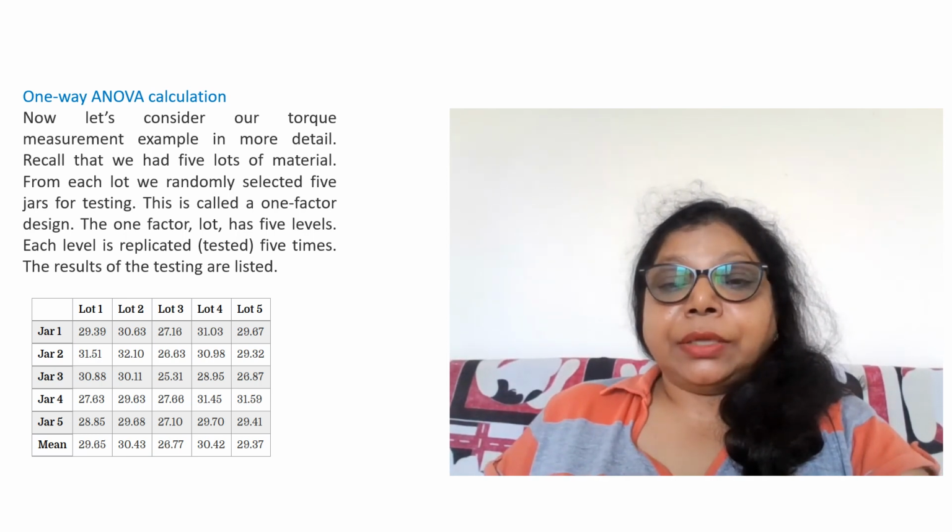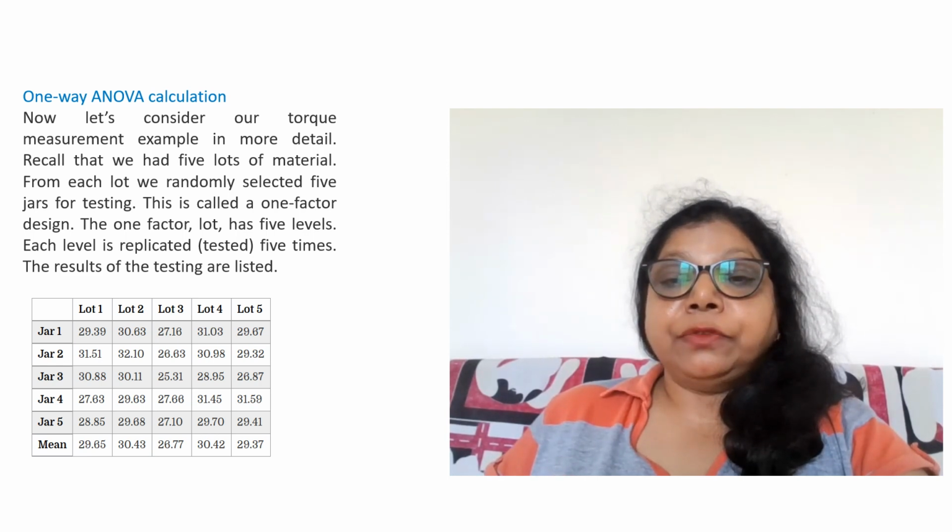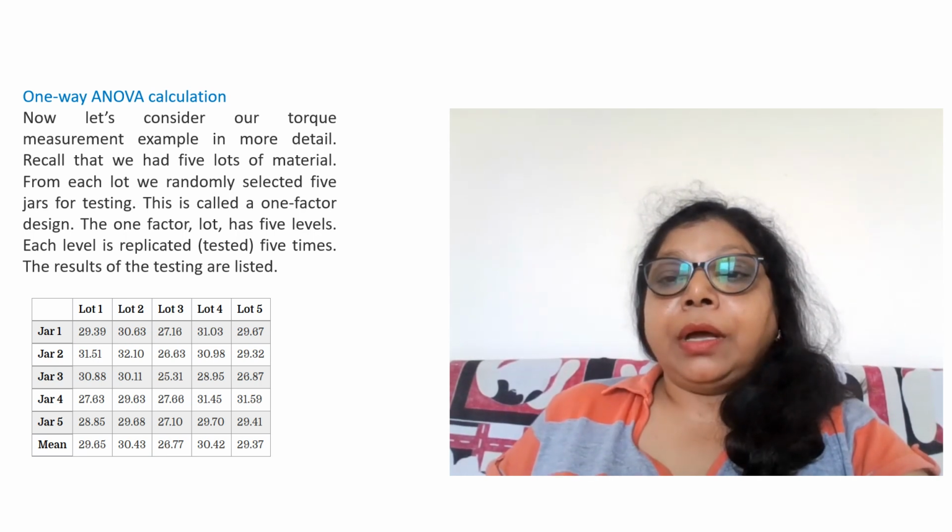The table shows jar 1, jar 2, jar 3, jar 4, and the mean values for lot 1, lot 2, lot 3, lot 4, lot 5. Here, the ANOVA test will not tell us which mean or means differ from the others, unlike what we did in the previous example. This isn't always obvious from a plot of the data.